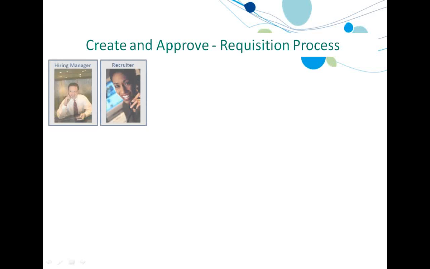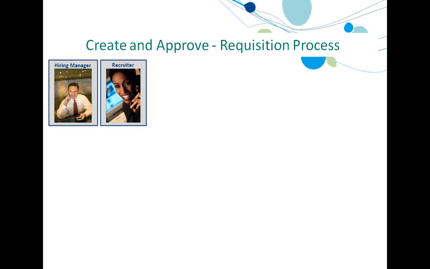Okay, so whether you as an organization have or want to have your recruiters create a requisition, or perhaps you want to let your hiring managers do that, they can go through an approval process. Now we've got 3 different ways to create a requisition.